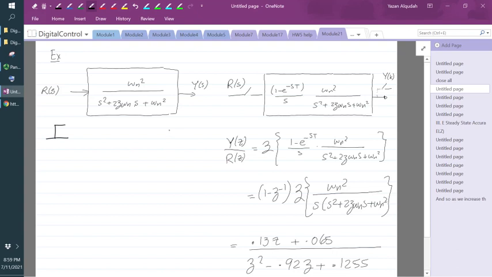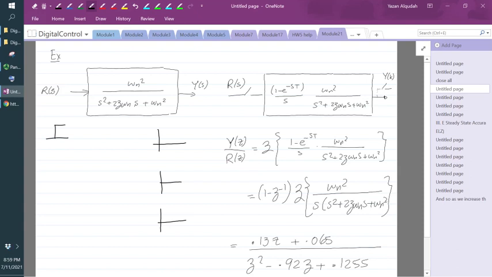Now we know from the previous class that the output of this system in the time domain is going to depend on the location of the poles of this system, and therefore on the value of zeta.